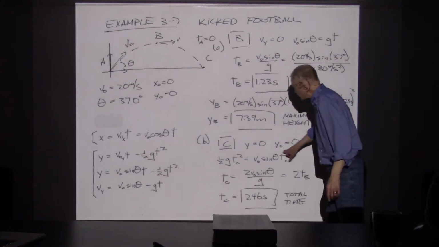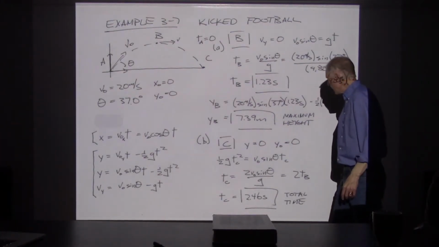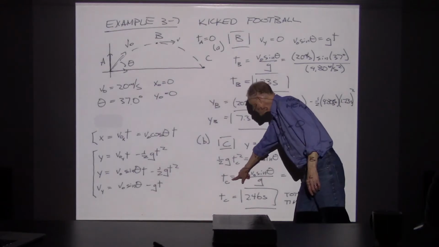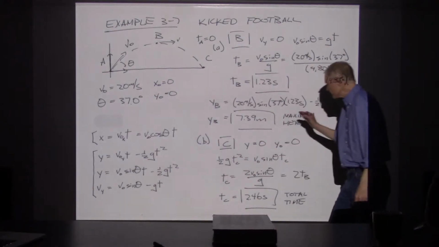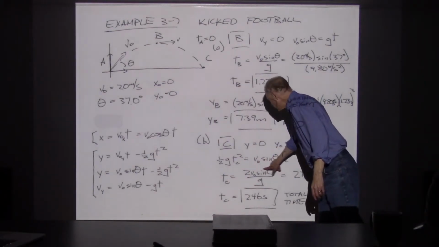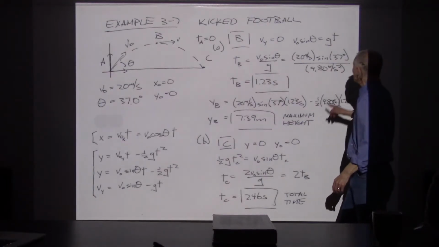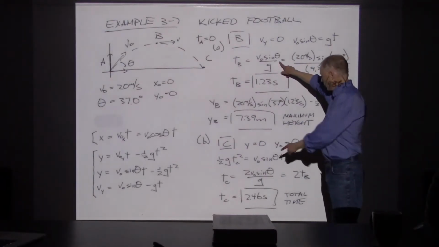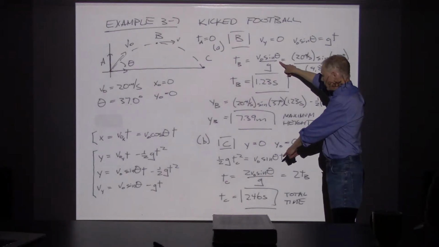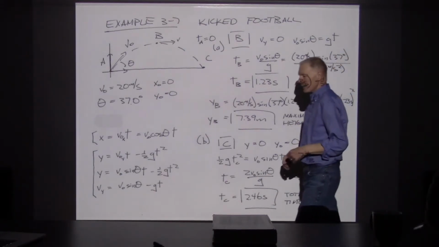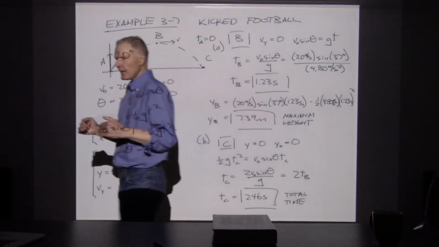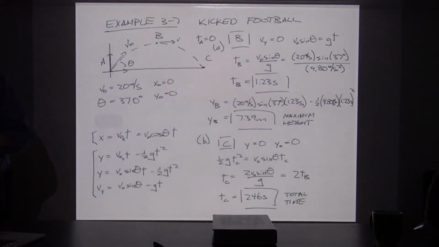And then I factored out a t_C. The remaining formula says that the time at point C is given by 2 v naught sine theta over g. Oh, look. The formulas are telling us something that we thought was probably true: it's going to take just as much time to come back down as it did to reach the maximum height in the absence of air resistance.